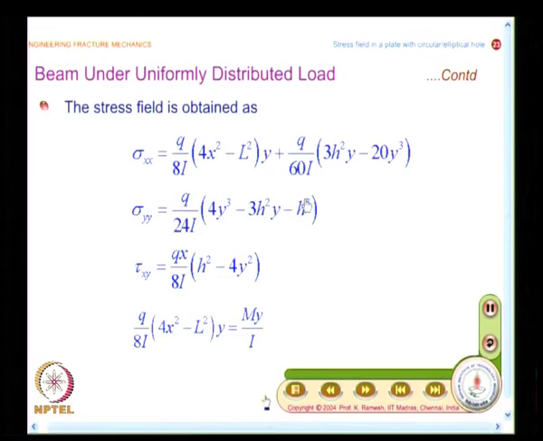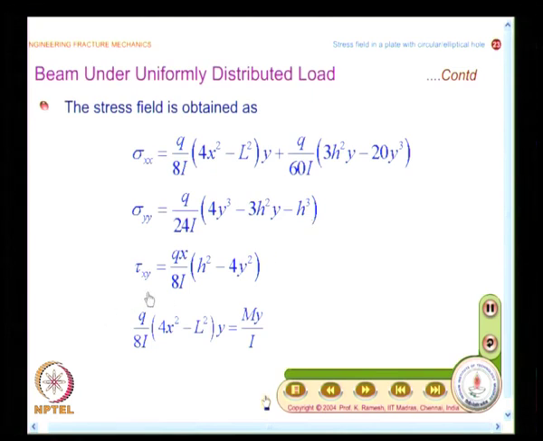Then you have a surprise: an expression for sigma y y, which we never saw in the strength of materials solution. You would not even recognize that sigma y y exists, and that is given as q by 24 I into 4 y cube minus 3 h squared y minus h cube.